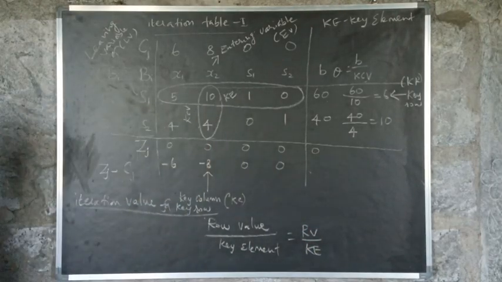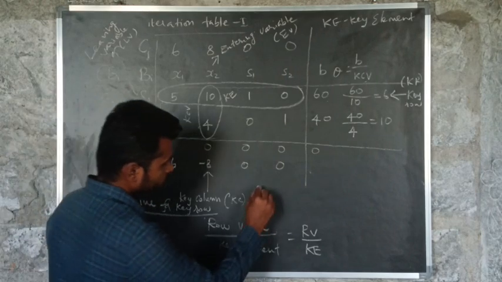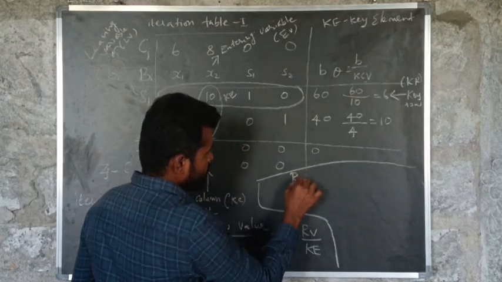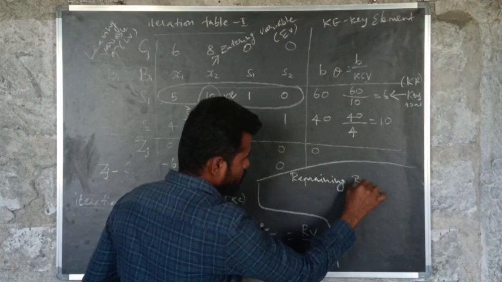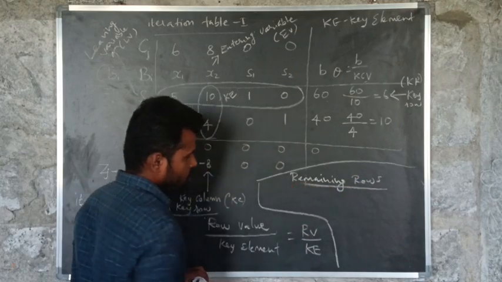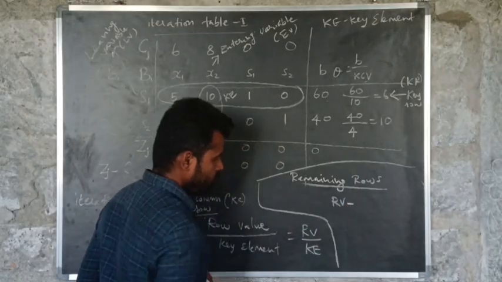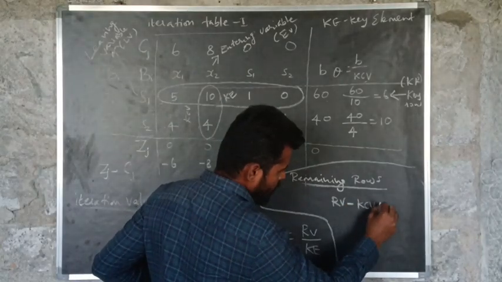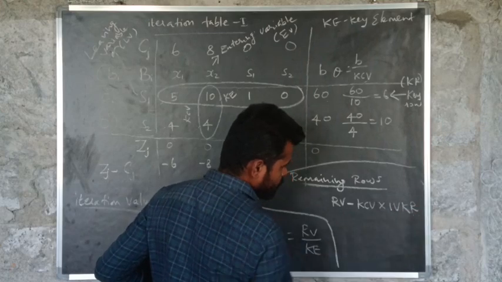For the remaining rows, the iteration value is the row value minus key column value multiplied with the iterated value of key row.